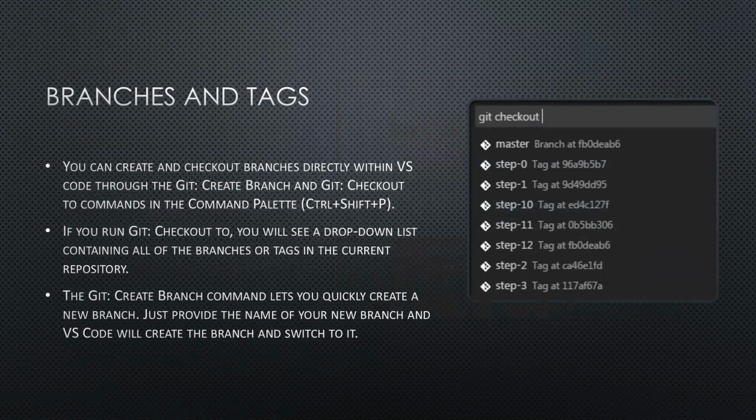And so the next thing is branches and tags. So there's a thing called the command palette in Visual Studio Code, which is basically like a terminal inside Visual Studio Code. And you can open that up using Control-Shift-P in Windows or Command-Shift-P in Mac.